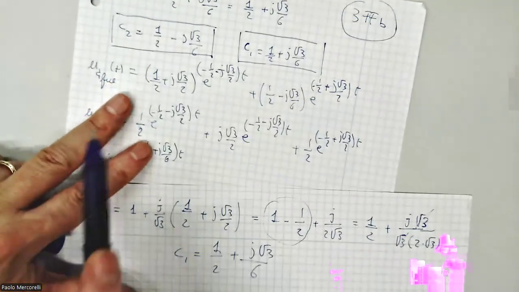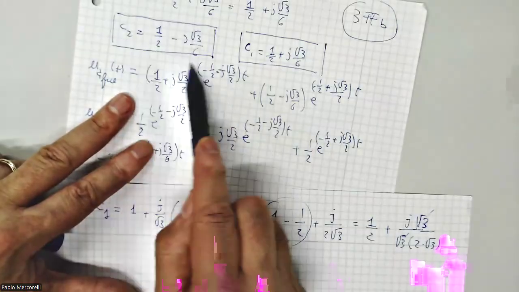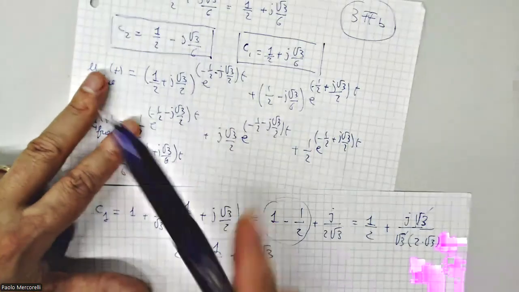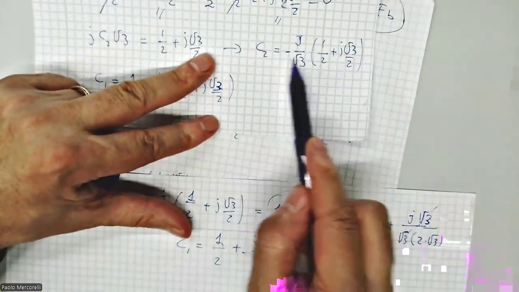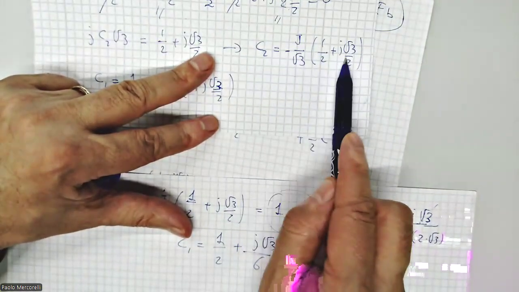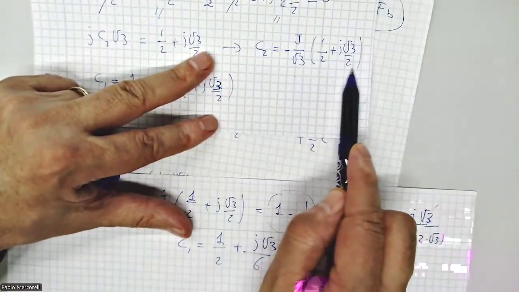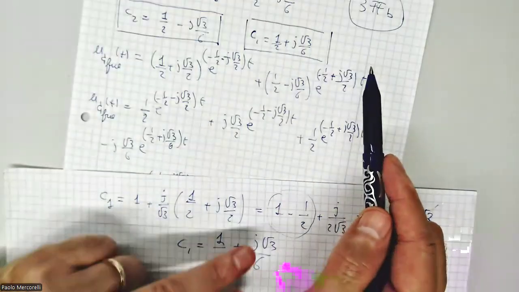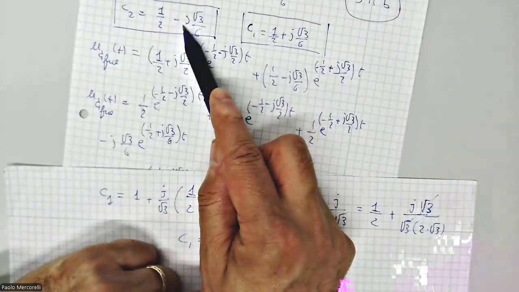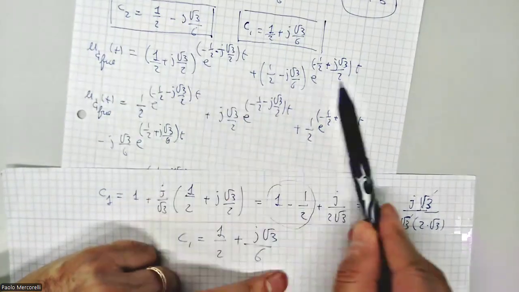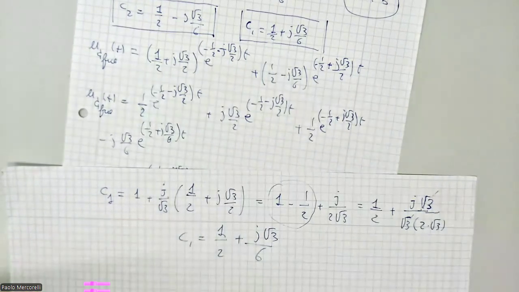C2 was already explicitly somehow calculated. I don't know if you see it. Now I don't want to do the same calculation for C2. Believe me, you will obtain this C2 here. This means this is the UC free.